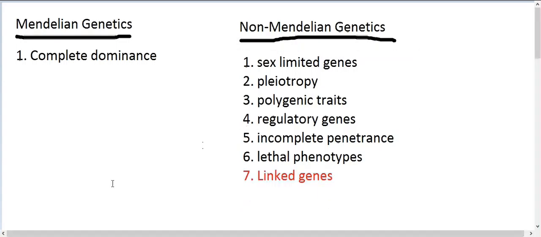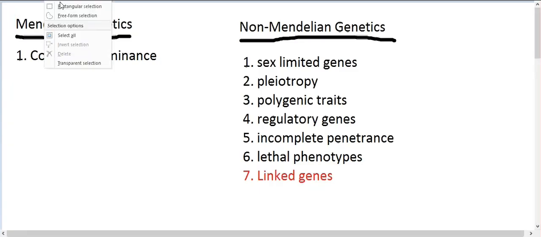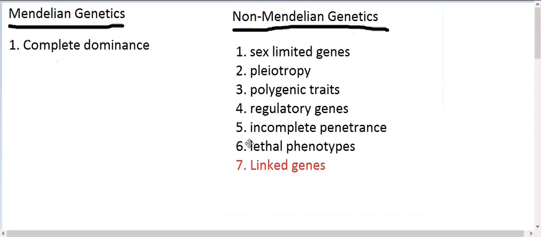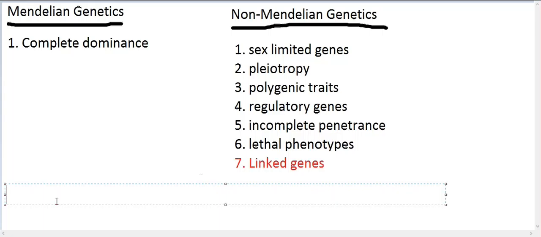Okay, now one of the things that we saw here, let me see if I can move this up a little bit more, because we might need the space. One of the things that I usually see here is that these things here, let me put this in blue, follow Mendelian ratios.